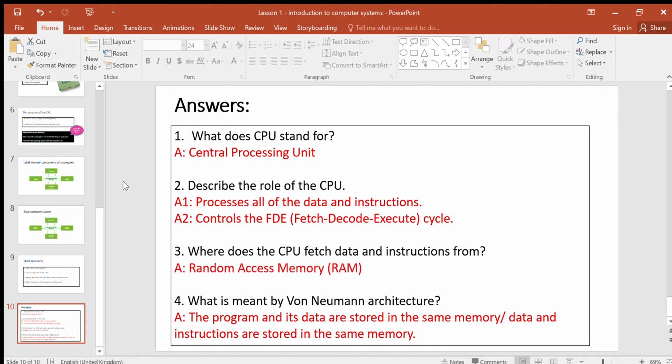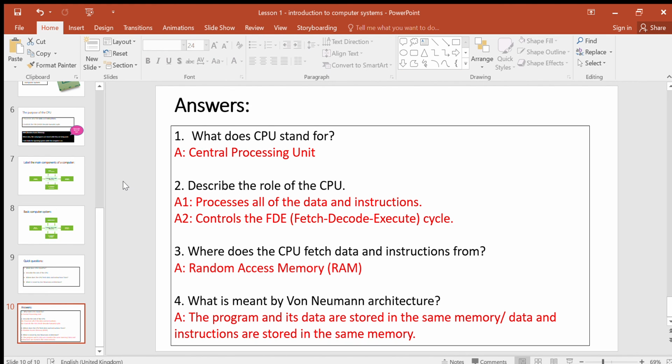Okay, so hopefully you all got that the CPU stands for Central Processing Unit, and its role within the computer is that it processes all of the data and instructions. I hope you all put data and instructions in your answer. And then it controls the fetch, decode, and execute cycle. The CPU does, of course, fetch data and instructions from RAM, which stands for Random Access Memory.